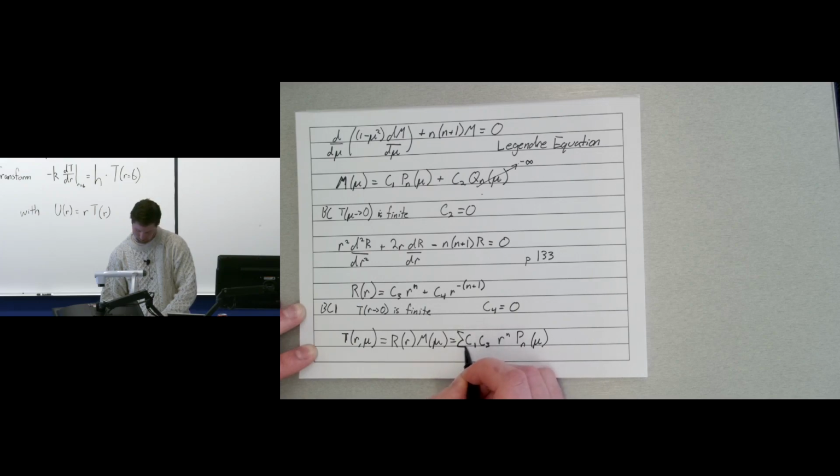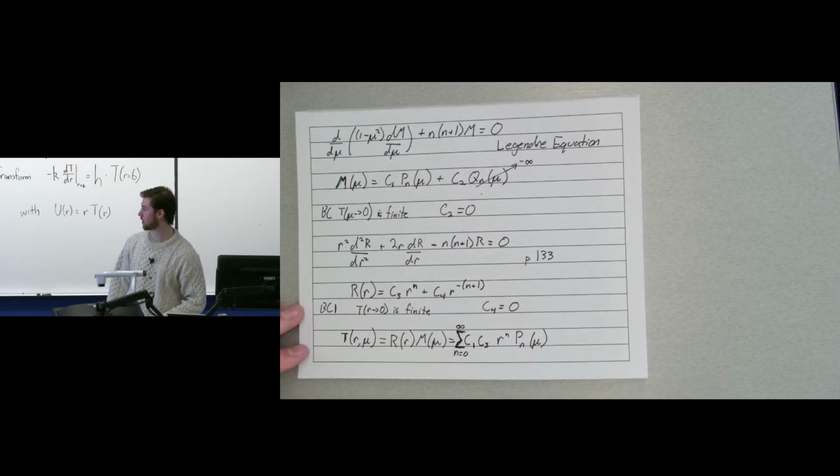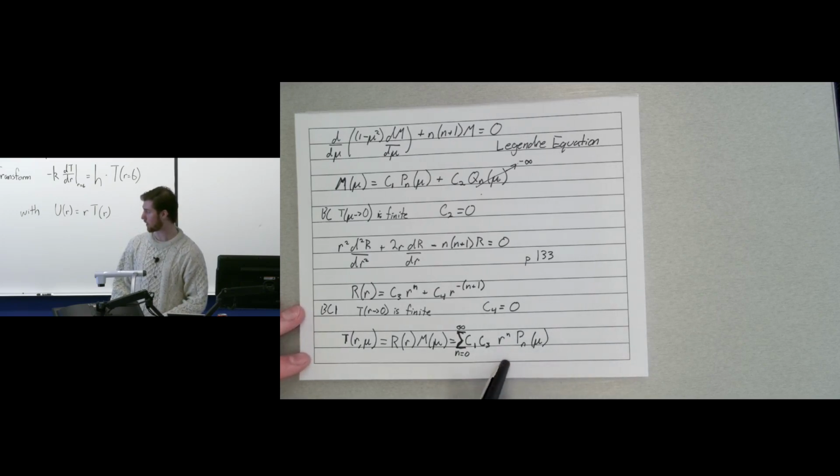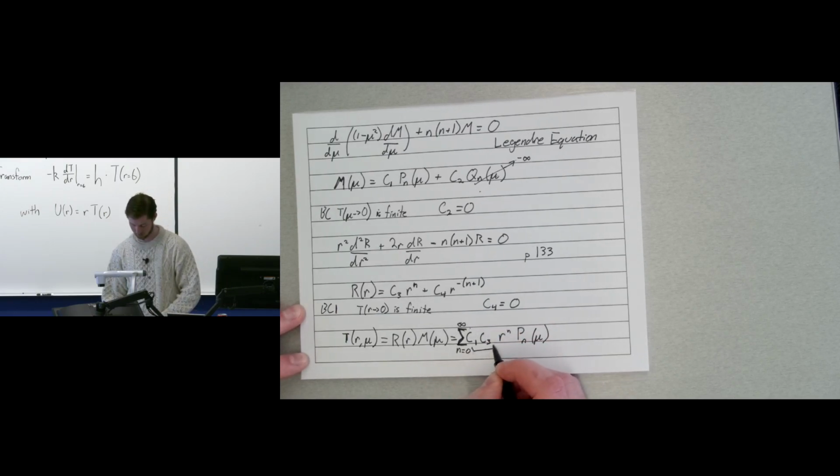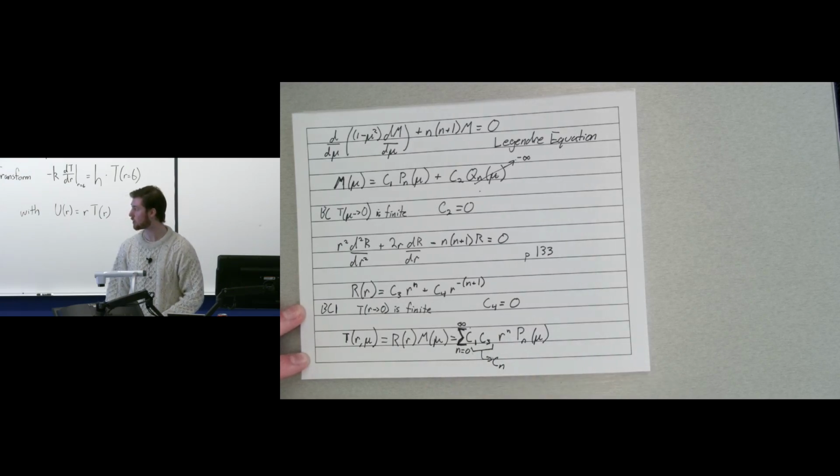Sorry. We're going to sum this from n equals 0 up to infinity. We're going to sum across all of our eigenvalues. Keeping with this? And C1, C2, C3 multiplied together, we can write as Cn.